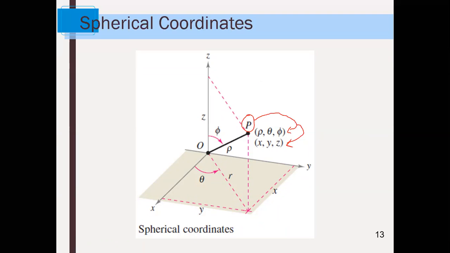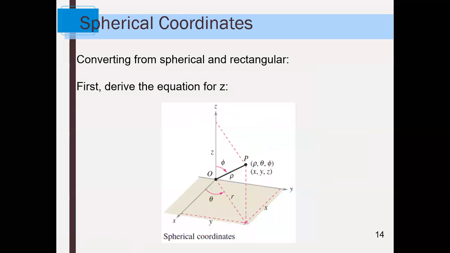So first of all, let's find an equation for z in terms of rho and phi. Does this picture make sense? Do you see this page swinging out of the z-axis?